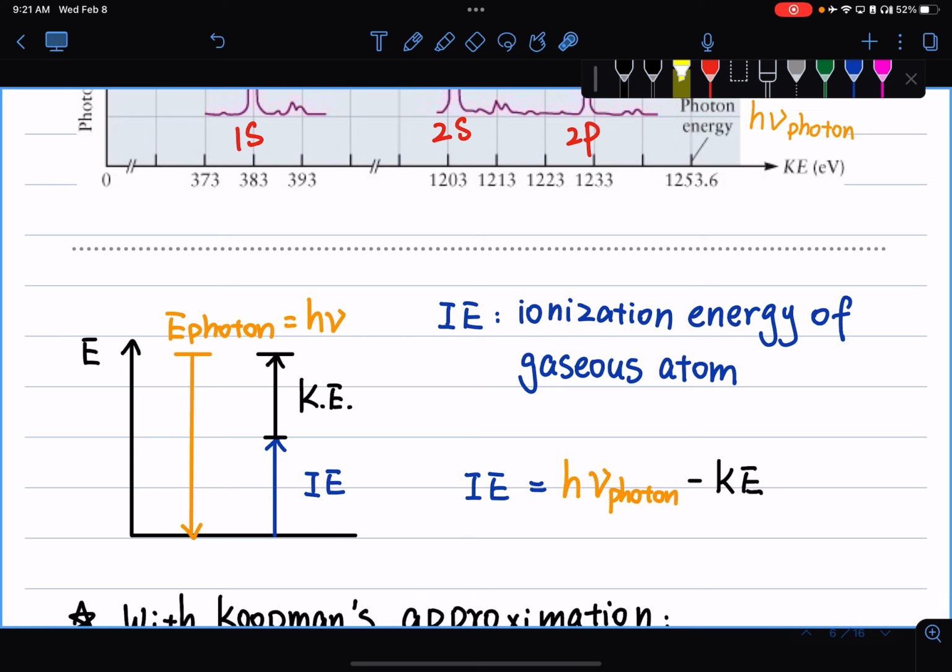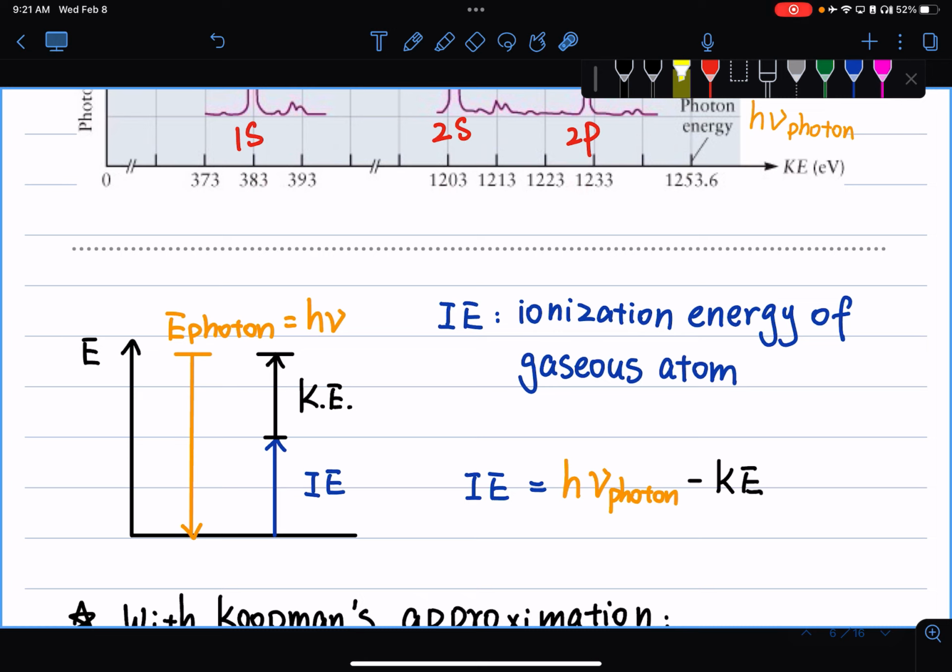And then once the atom absorbed h nu of energy, it went through the ionization process, ejecting one electron with a certain kinetic energy. And that kinetic energy is being measured in the photoelectron spectroscopy. So photoelectron spectroscopy is the experimental method for chemists to measure the ionization energy of electrons from different atomic orbitals.